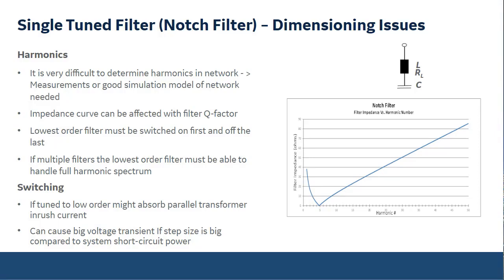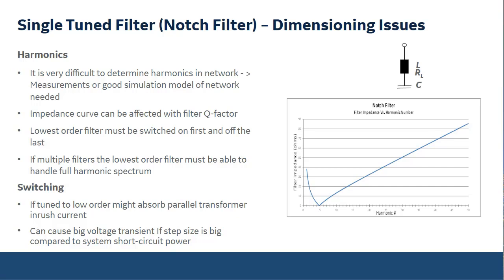Then you have to be very careful if you have transformers connected parallel to the second filter, because it will absorb the inrush current and is in very big danger of burning the filter. That means that dimensioning must be very robust, so the filter will survive the parallel transformer. And then this also can cause quite big voltage transients in there.